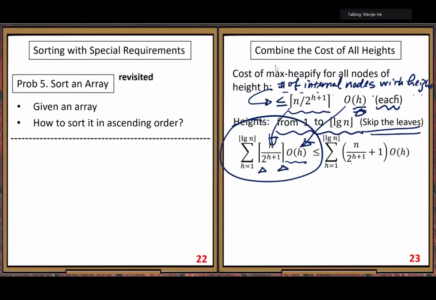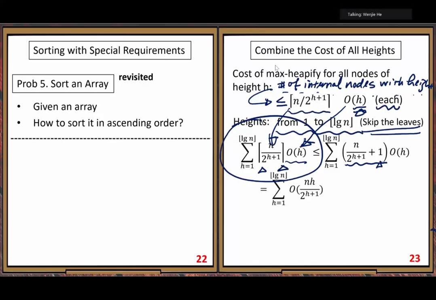We enlarge that ceiling function expression to this expression, which is much simpler because no case discussion is needed. But we need to make it a little larger, so plus 1 makes it a little larger.